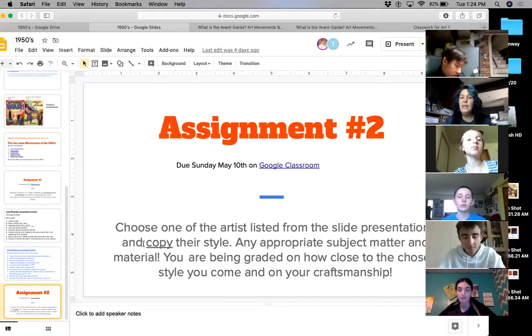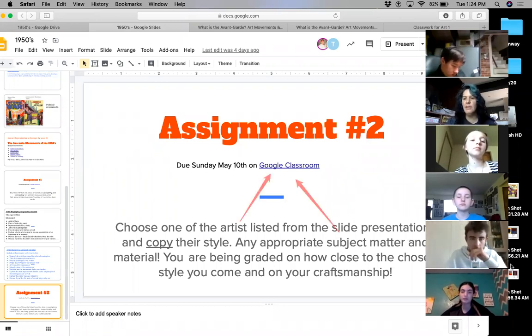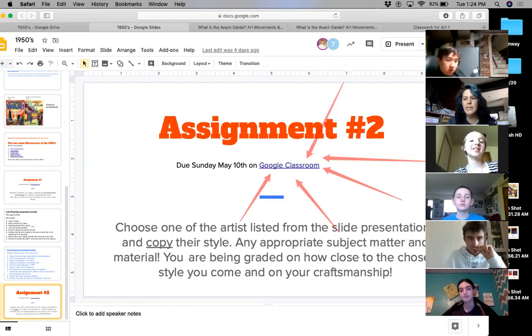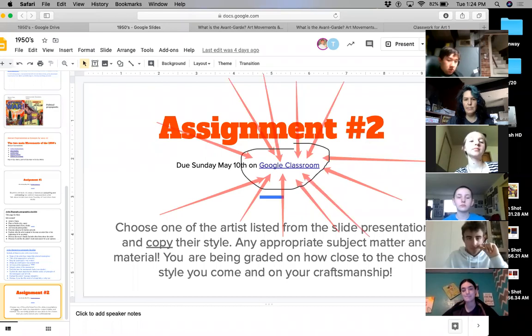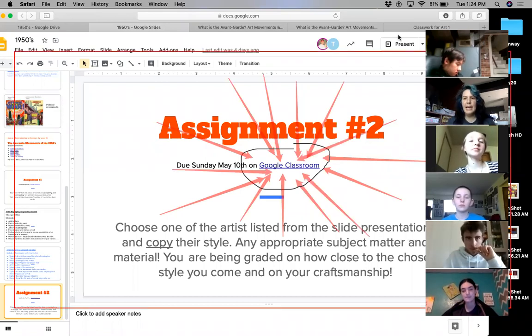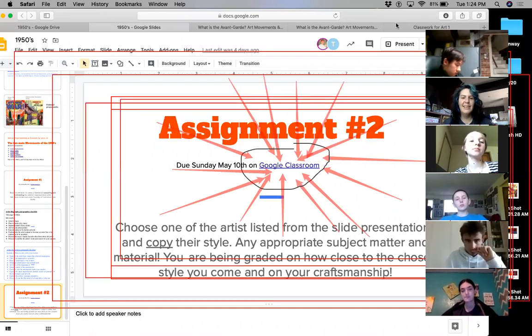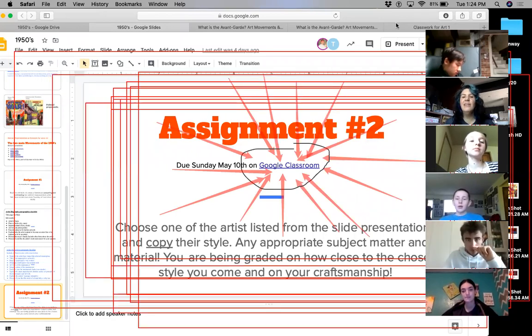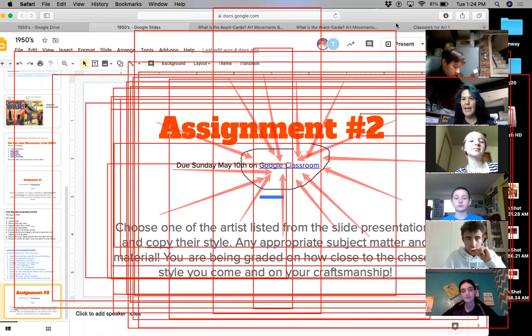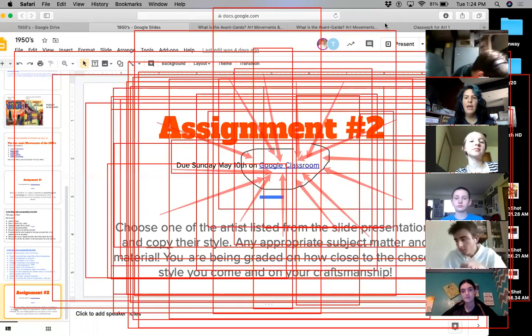You are going to copy their style and recreate the piece of art using the best craftsmanship that you can, filling up the page, not giving me stick figures, unless that is actually part of the assignment. It is due in Google Classroom. As a reminder, if you need supplies, I am absolutely fine giving you guys supplies. Just email me and I will show up and give you supplies.